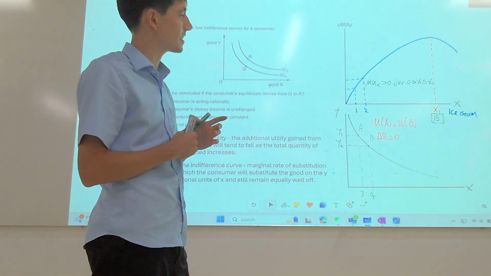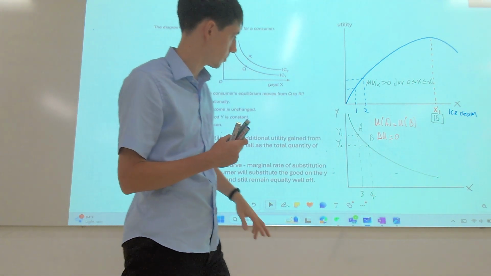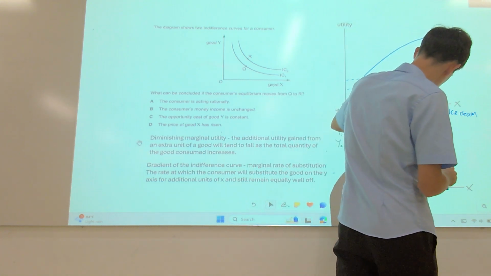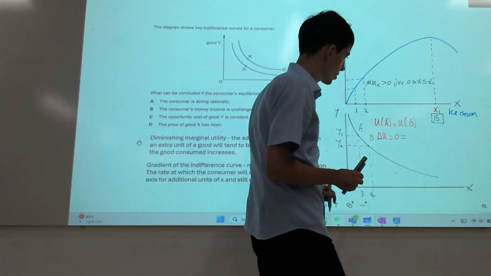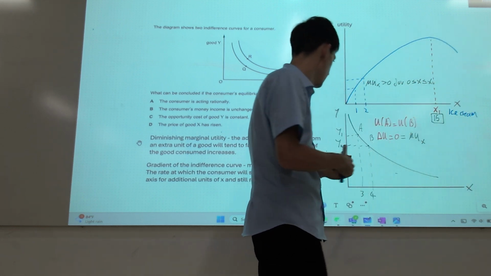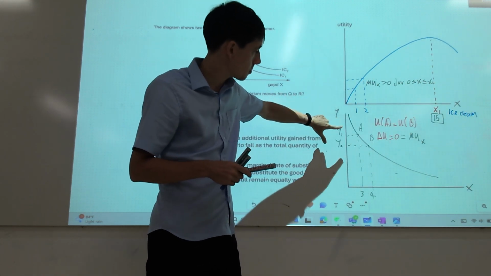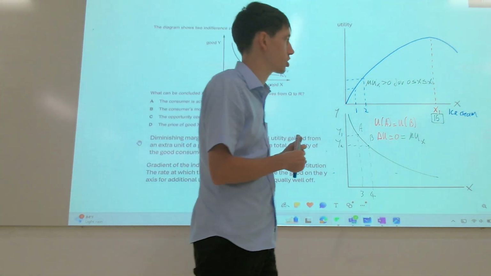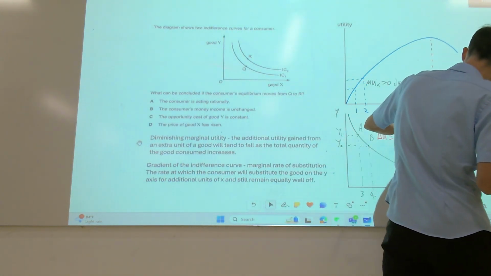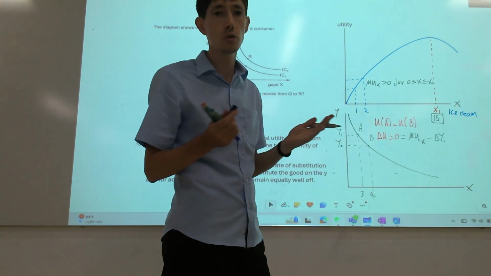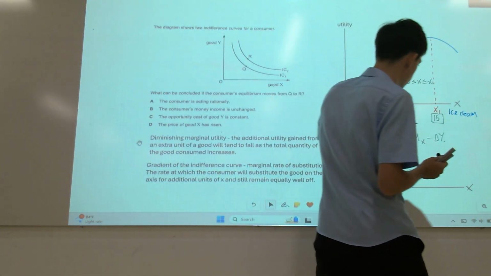Well, I can then say, because I have gained 1 unit of x, it's equal to the marginal utility from x minus the marginal utility from y multiplied by the change in y. So you've lost some y. For each unit of y that you lose, you're losing the marginal utility of y.